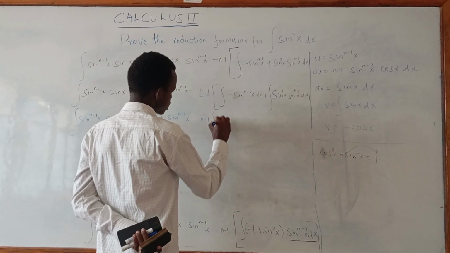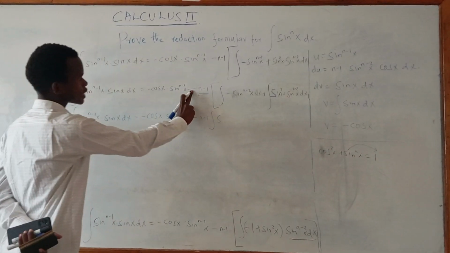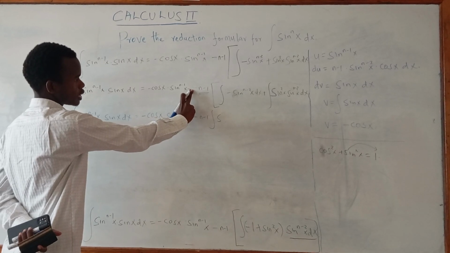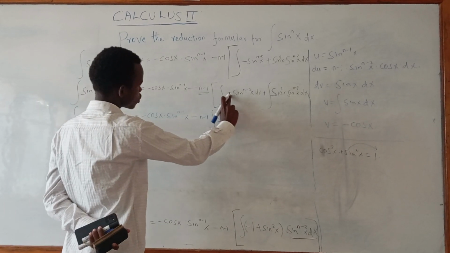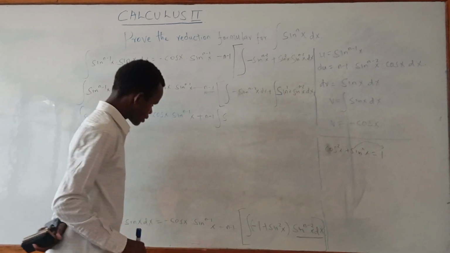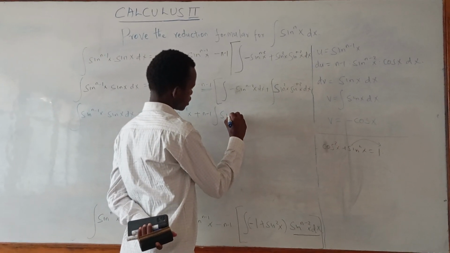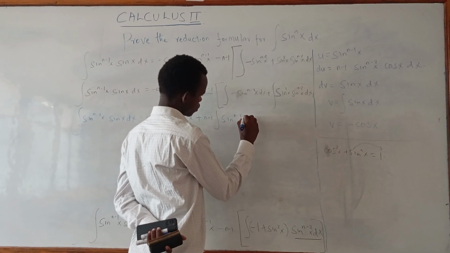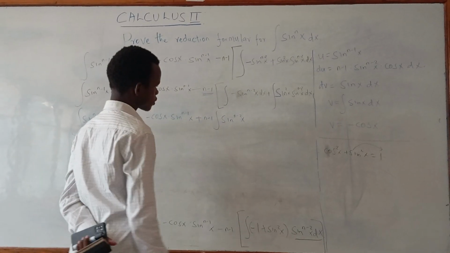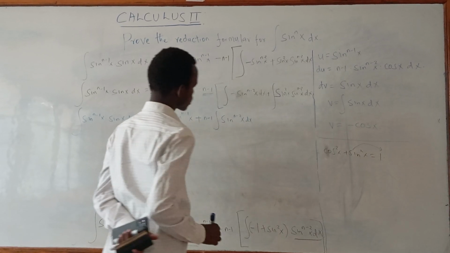Minus the integral of sin... again this is minus, so negative with negative will be positive, plus the integral of sin^(n-2)(x) dx.